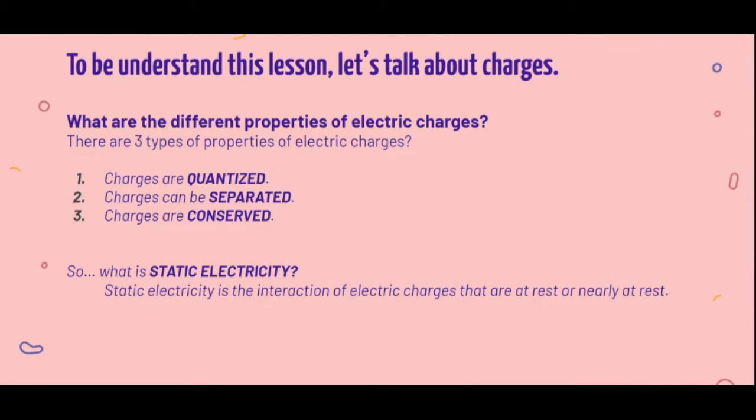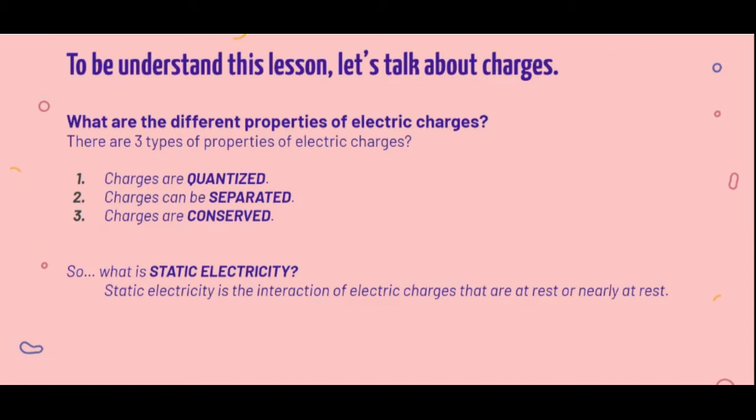And of course, charges are always conserved because charges are innate in the system or in the object, because every object contains subatomic particles, and these subatomic particles have their own charges. They have positive charges in the manner of a proton, and a negative charge in the manner of the electron. So charges are conserved; they are not created by someone.